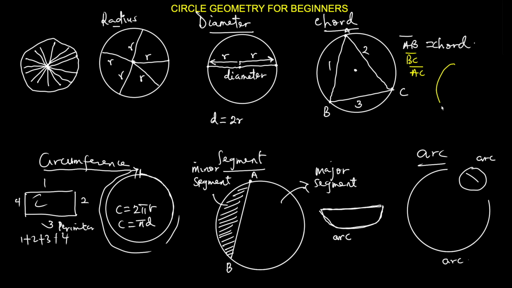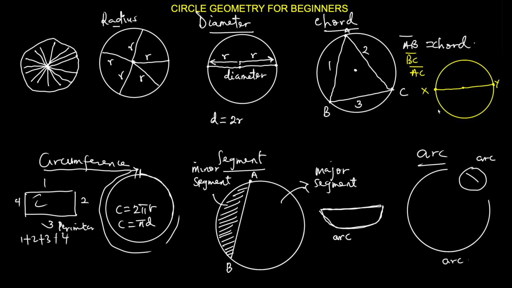Now, this chord, while it connects 2 points on the circumference of a circle, it can pass through the center in certain cases. That is, if it goes through this part, okay, you have 2 points on the circumference right here, and at the same time it is passing through the center of a circle. This is a case where the chord becomes the diameter.